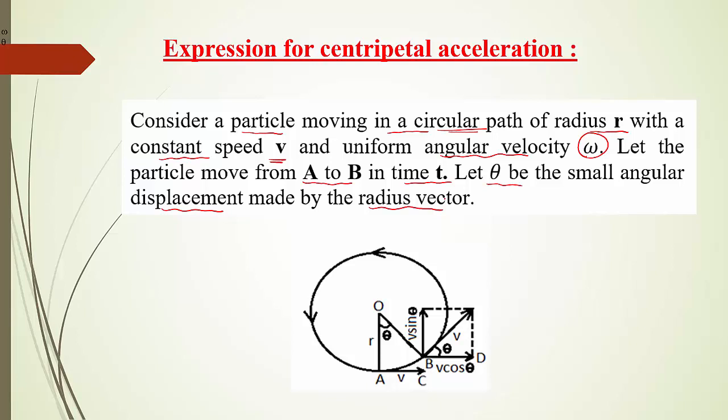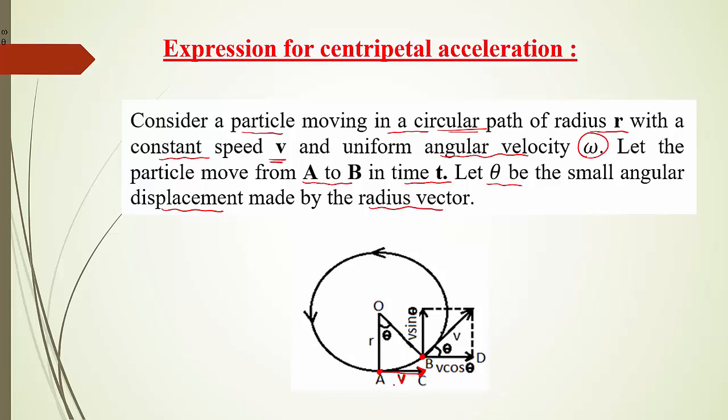Now you can observe this picture. We considered the particle moving from A to B. It has uniform or constant speed v, which is along AC.